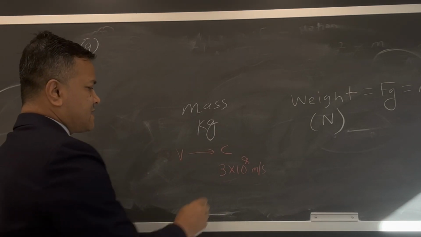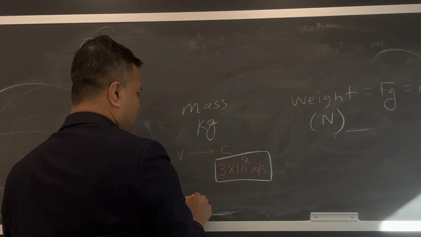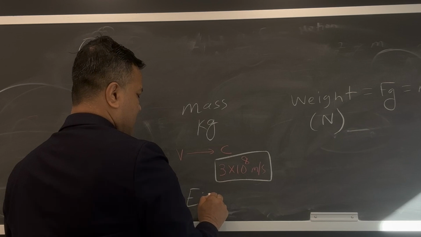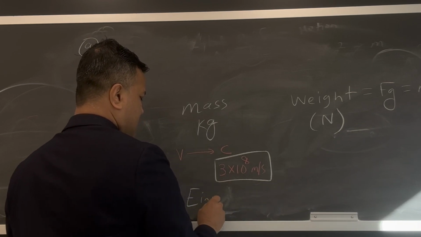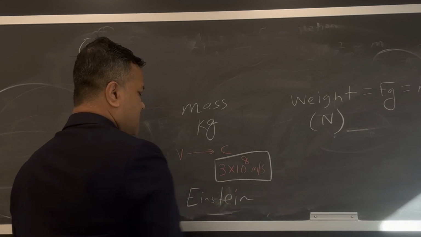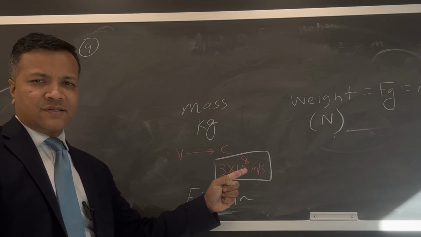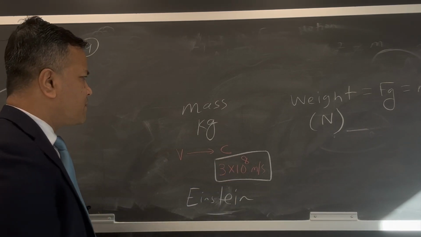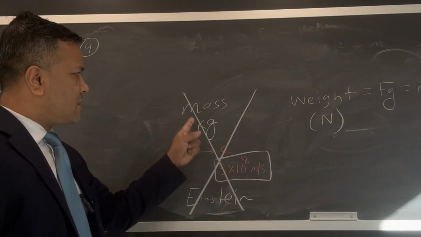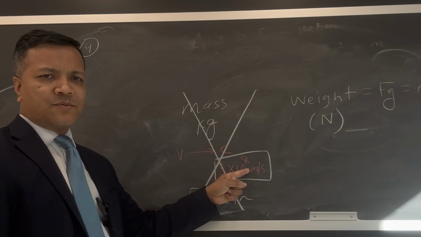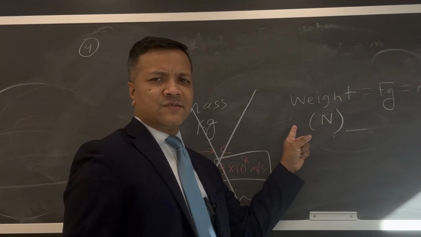If your speed is this much or more, then you can change the mass, which is not possible because Einstein proved that nothing can move faster than 3 times 10 raised to 8. So not possible. You can never change the mass. In order to change the mass, you have to prove this one wrong. However, weight you can change.